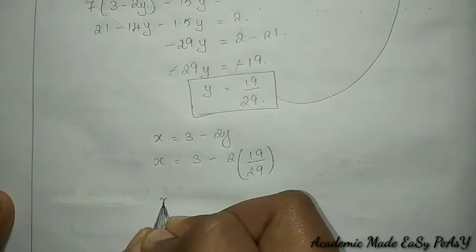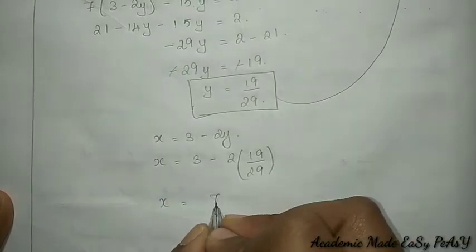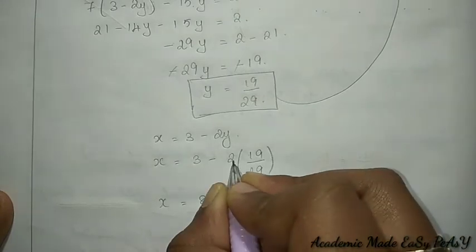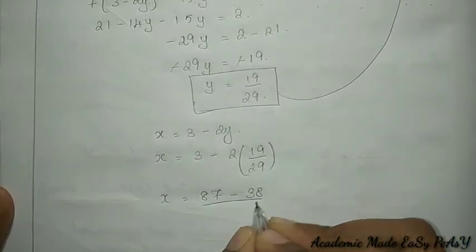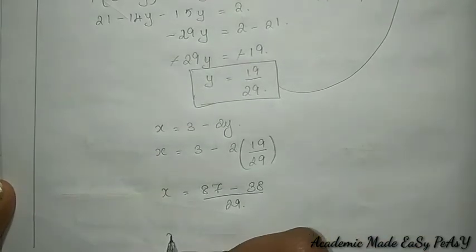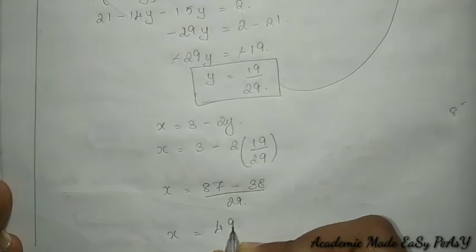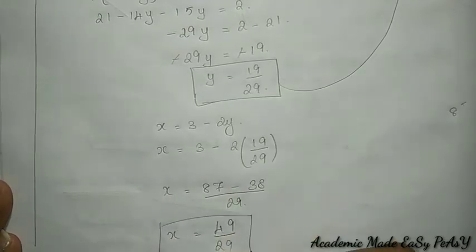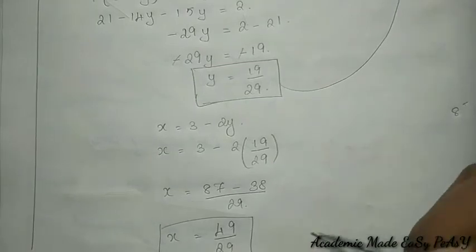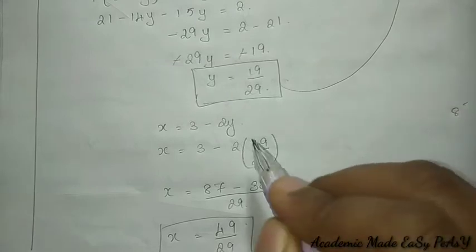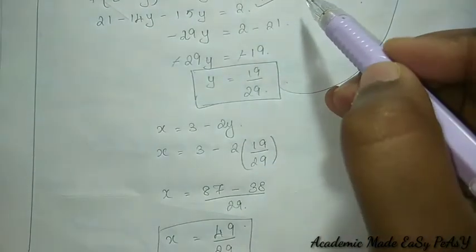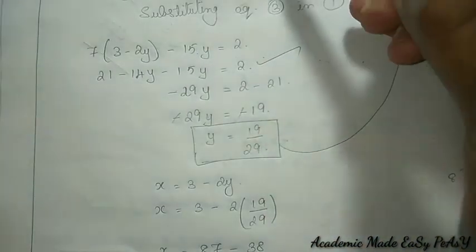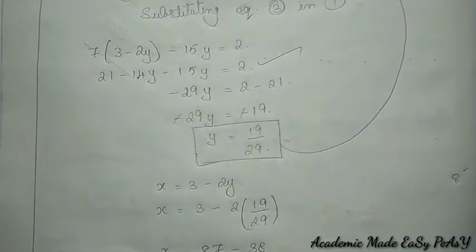So x is equal to 29 into 3 is 87 minus 19 twos are 38, divided by 29. So x is equal to 49 by 29. This is the answer for x. If I substitute this x value and y value in these two equations, I will get 2 over here, 2 over here and 3 in the previous equation. That's it. Through substitution we will be doing like this only.